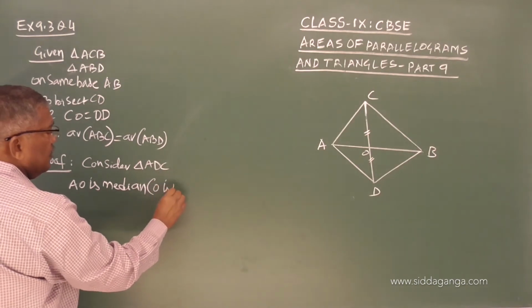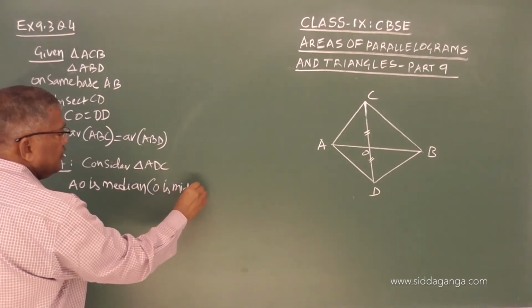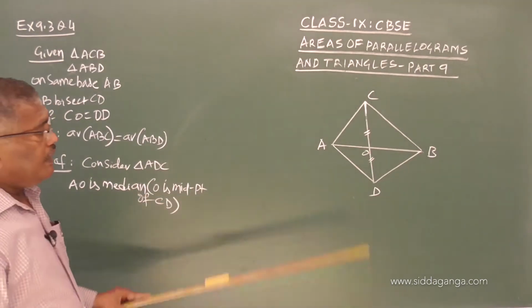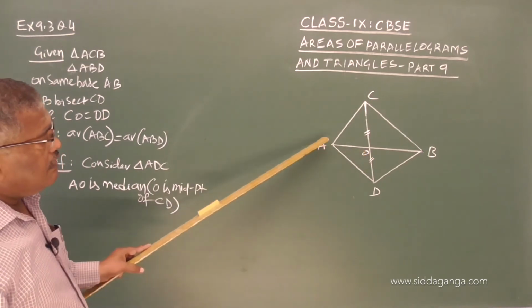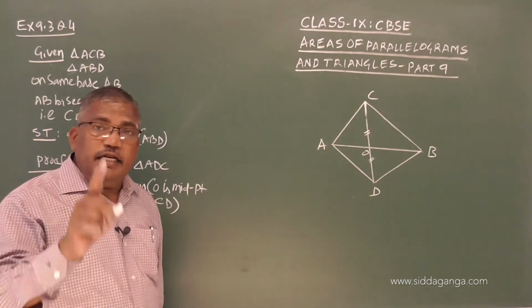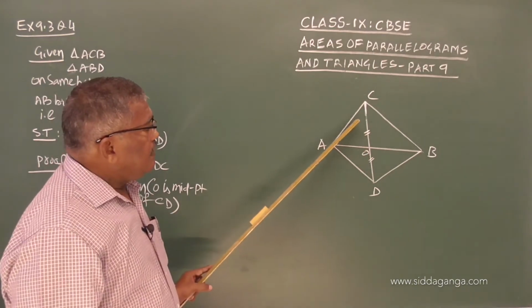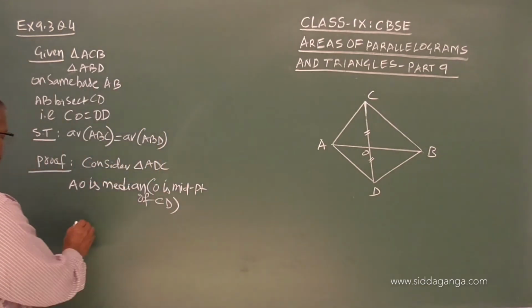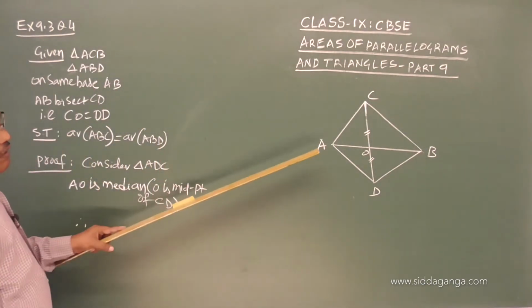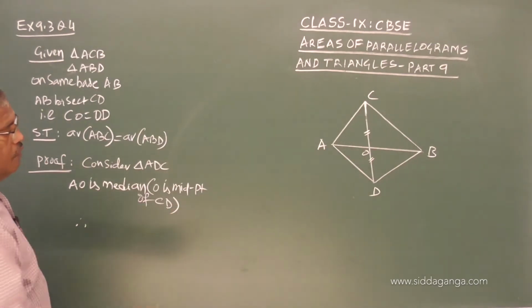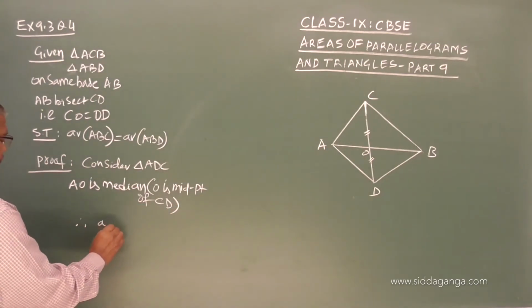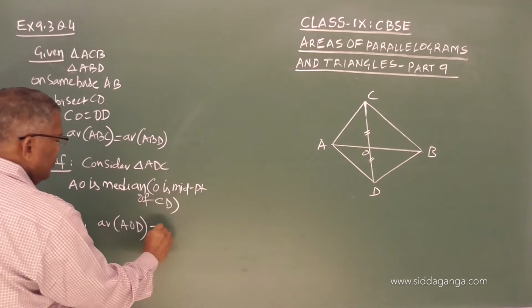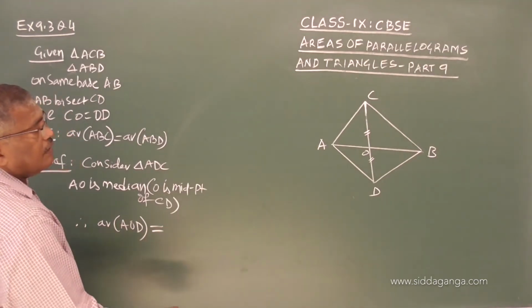So therefore, AO is median. When this is median, we know that in any triangle, a median divides the triangle into two equal area triangles. So therefore, area AOD will be equal to area AOC.